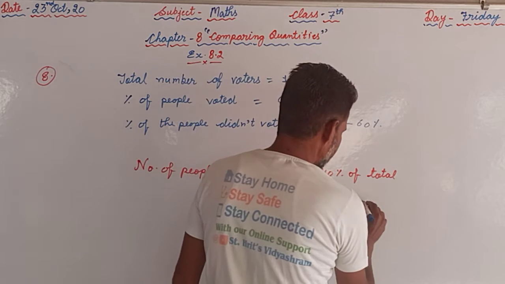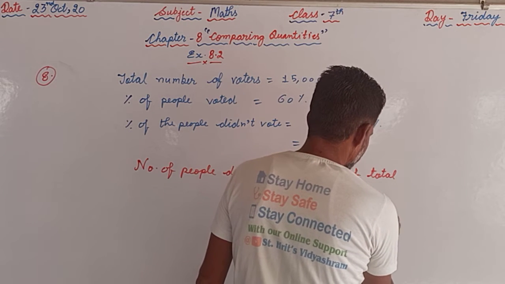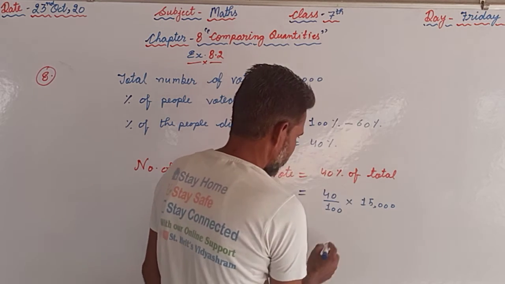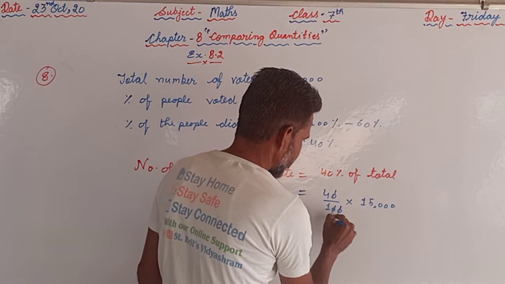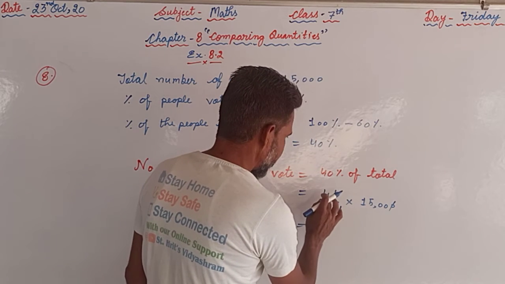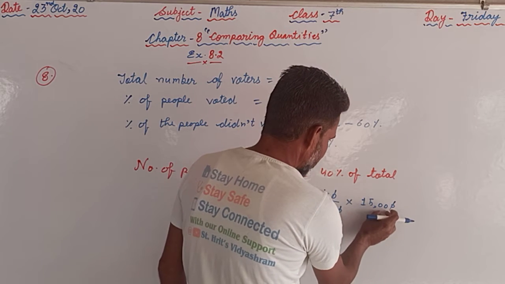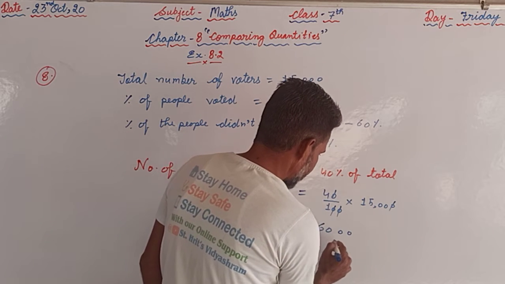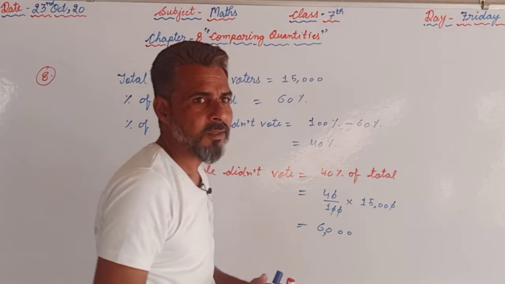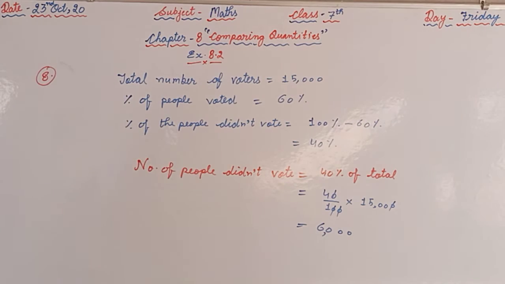Total is 15,000. So 10 cancels out 10, 10 cancels out 10. If we multiply 15 by 4, it is 60, and after 60, 2 zeros are remaining. So 6,000 out of 15,000 have not voted, and the remaining 9,000 have voted in that election.